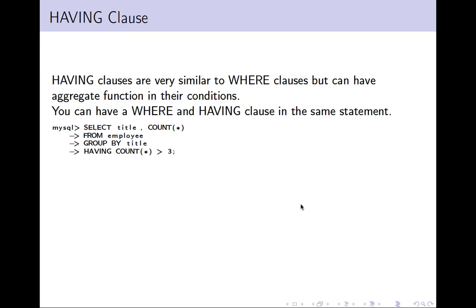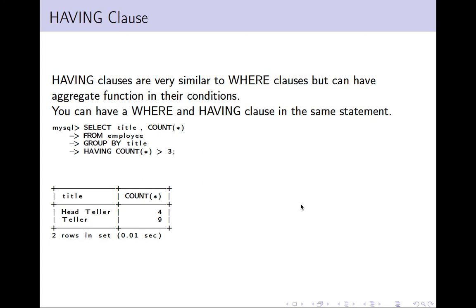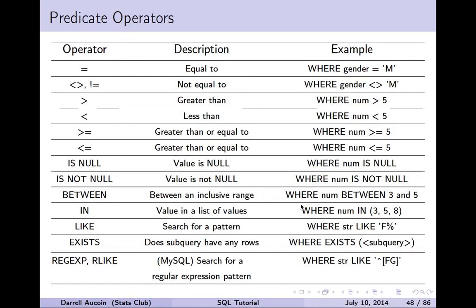For instance, if we want to filter down the count of the title so that it's greater than 3, what we had before, the list of 7 titles, is now down to just 2 rows, and we also have a count of the number of people in that table.